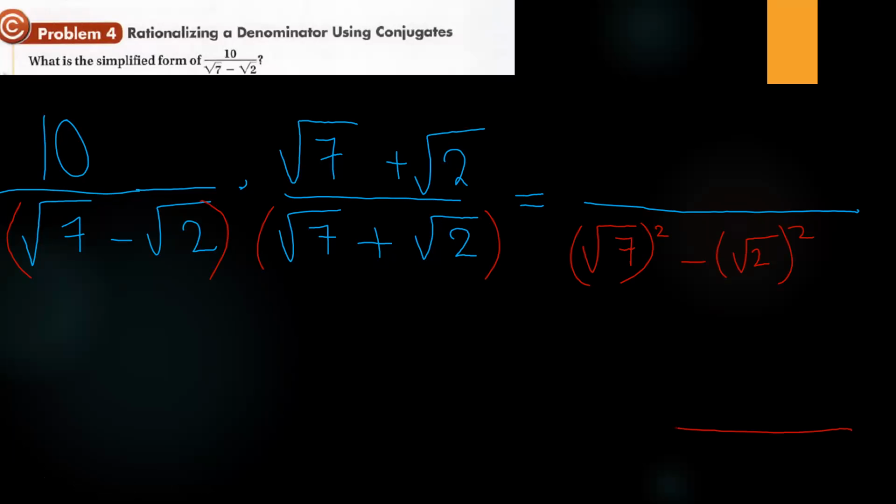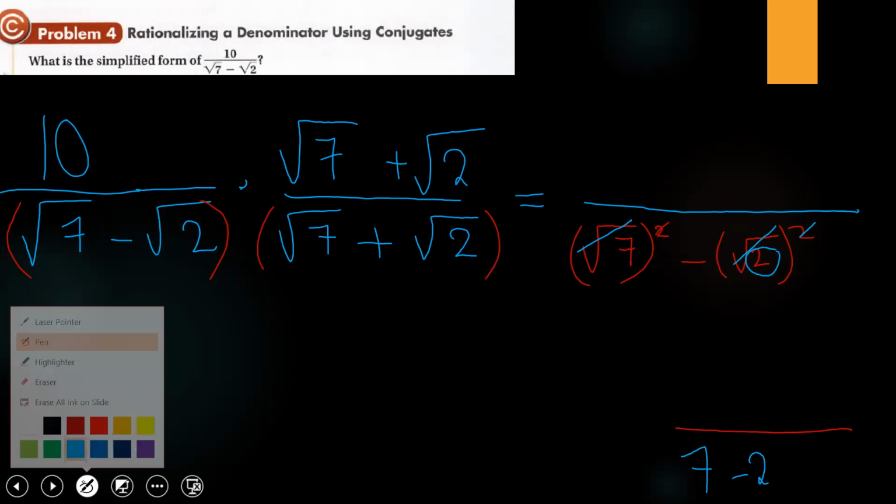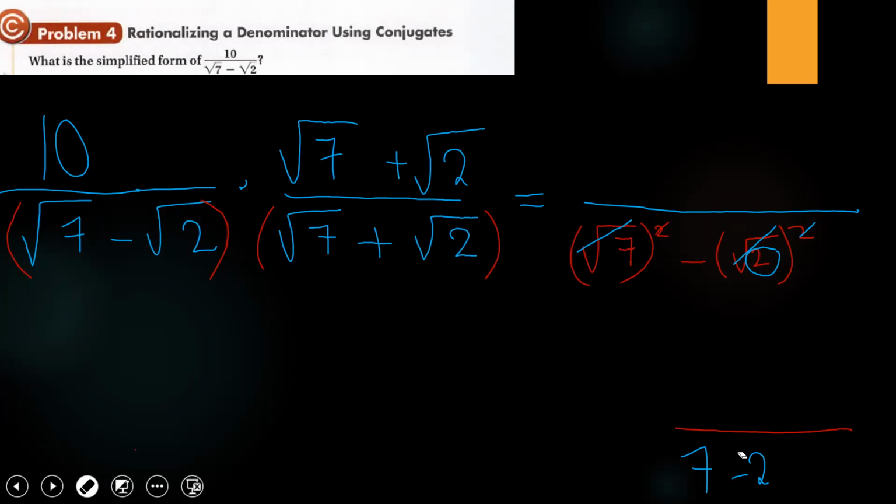Which is 7, since the square root cancels the square, so we have 7 only, and the square root cancels the square, so you take this number only, which is 2. So here, let's first talk about the denominator. We have 7 minus 2, which is 5.